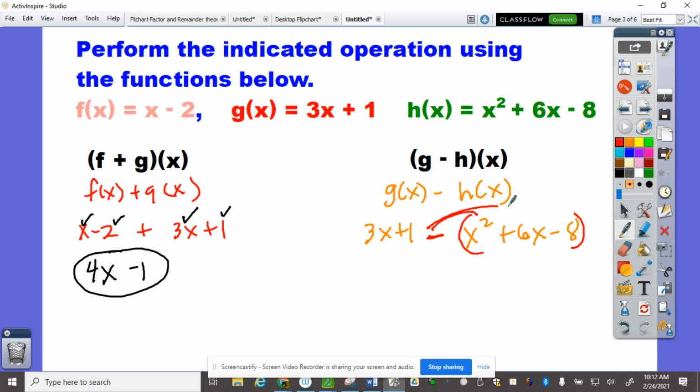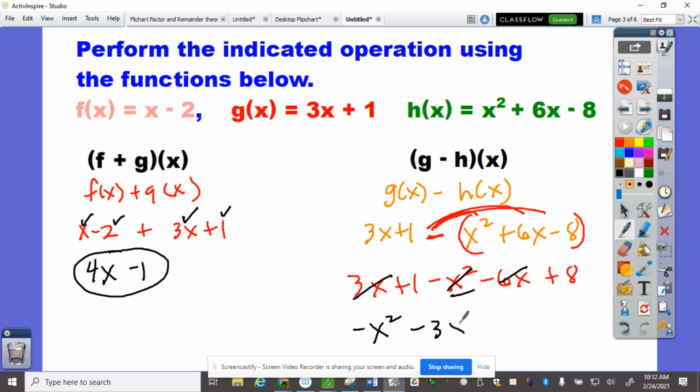So if you distribute to that, this will give you negative x squared minus 6x plus 8. You basically flip the sign. Now you can combine the like terms. I will start in the standard form with negative x squared. 3x minus 6x is negative 3x there. And 1 plus 8 will be positive 9. So this is my answer.